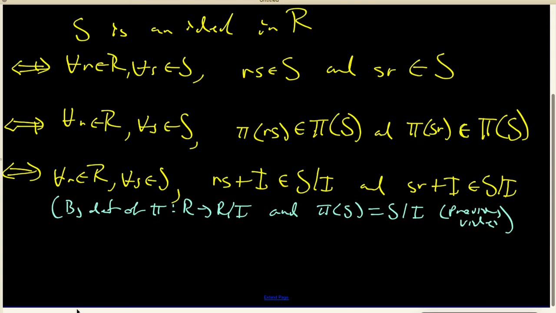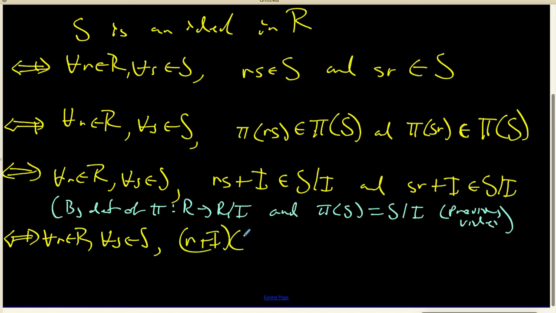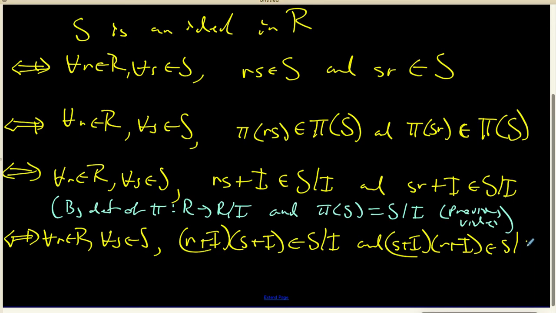So we can continue with our symbol manipulation, and we can say that this step up here is true if and only if, for every r inside R and every s inside S, (r + I)(s + I) has to be inside S/I, and (s + I)(r + I) has to be inside S/I. And this is basically by the definition of coset multiplication in the subring S/I.